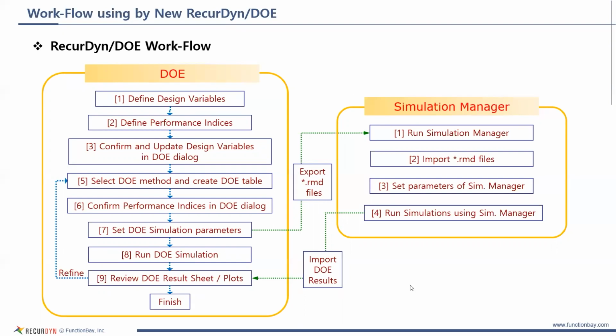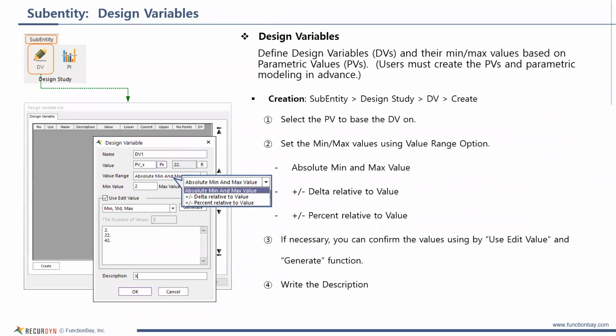Okay, so the first step would be to define the design variables. This is available from the sub-entity menu under the design study section, and you'd click on this DV button. This would allow you to define a list of design variables. Each design variable will be based on a particular parametric value in the model.